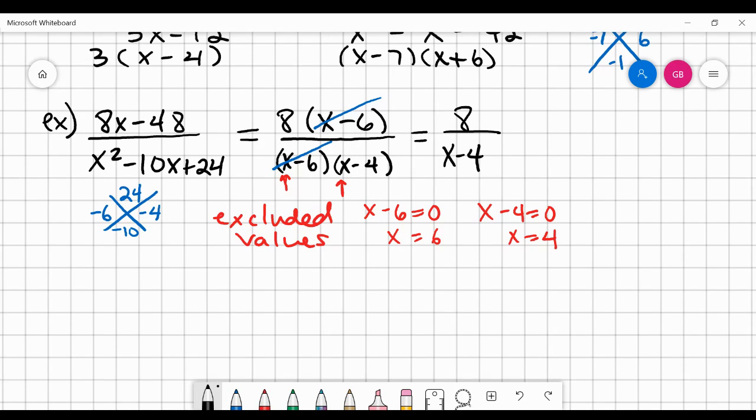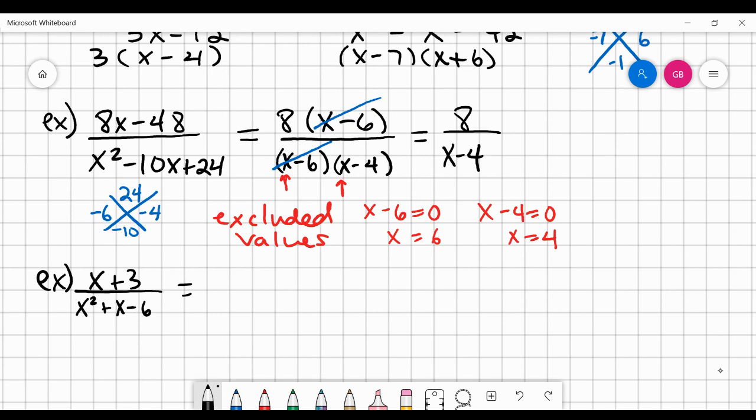Let's get into another example. So we have x plus 3 over x squared plus x minus 6. Focus on the numerator.